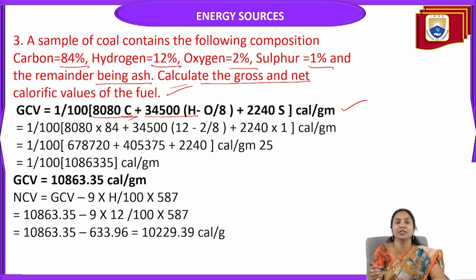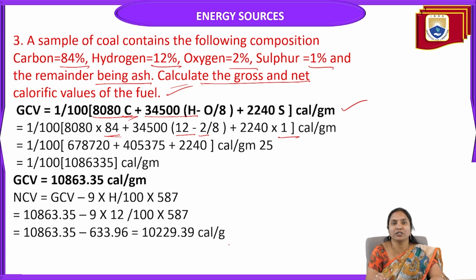So we can substitute them in the above formula: 1 by 100 into 8080 into 84 plus 34,500 into 12 minus 2 by 8 plus 2240 into 1 calorie per gram.